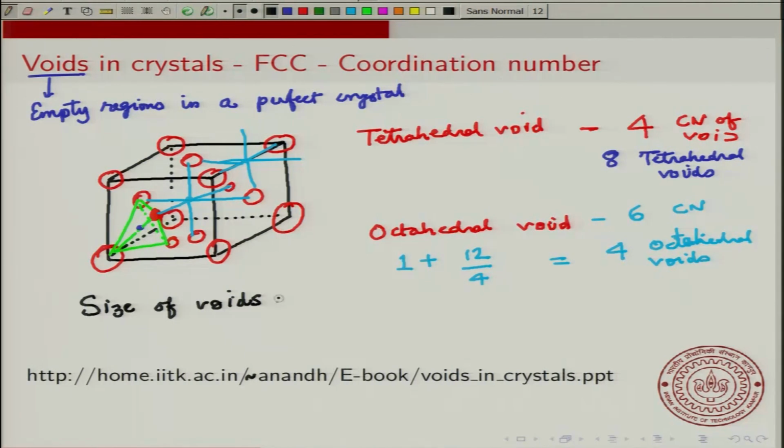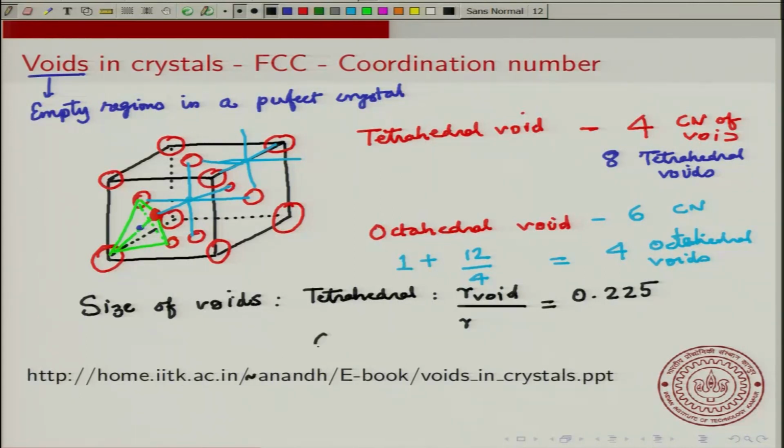So for tetrahedral, you can easily show that the radius of the void divided by the radius of the atom is equal to 0.225.